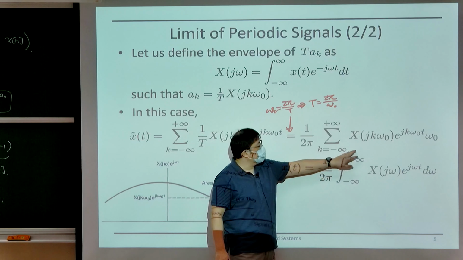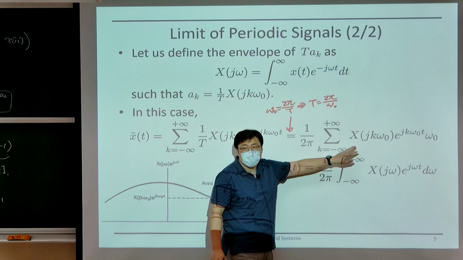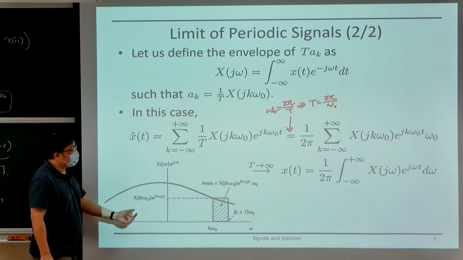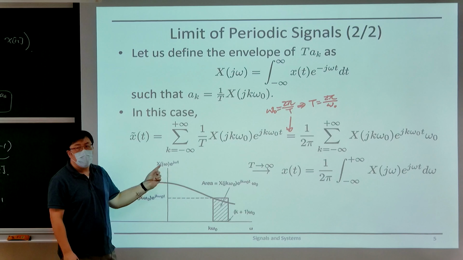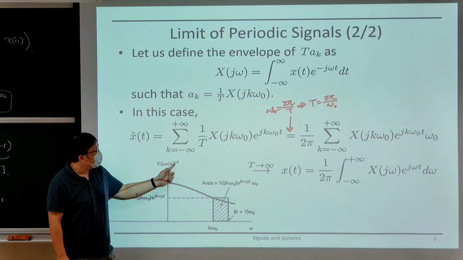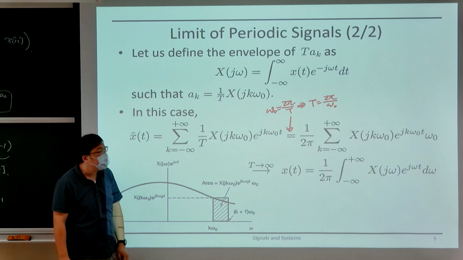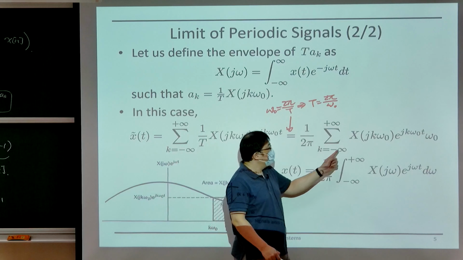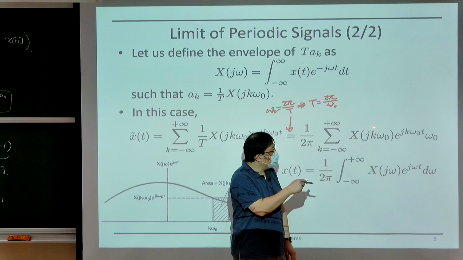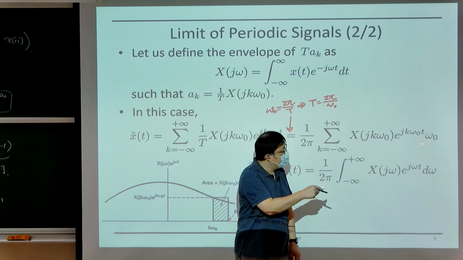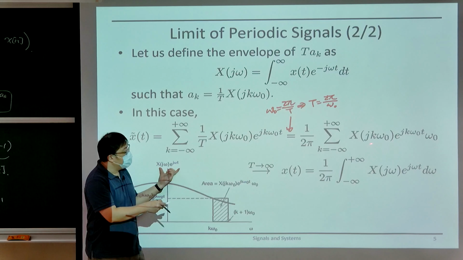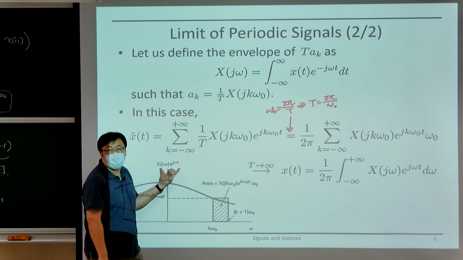Now, what is this summation here? Suppose we consider the function X of j omega times e to the j omega t. When you look at this part here, this part is actually the value of this function at the point k omega naught.